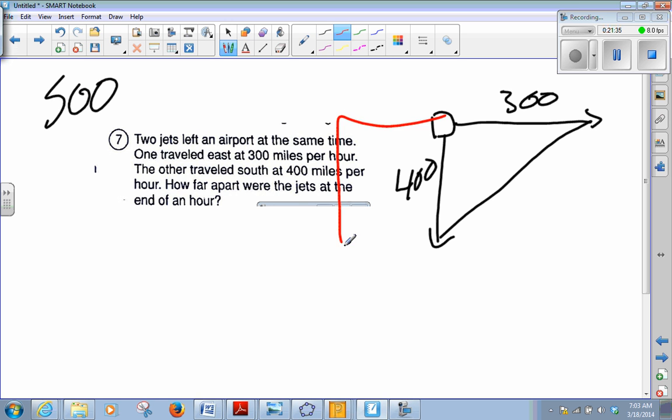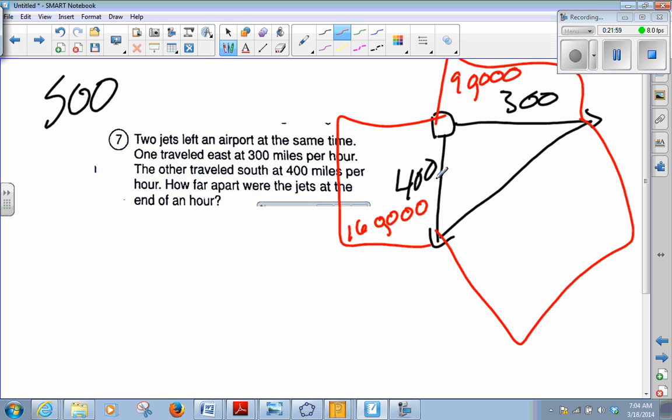So we've basically just got two legs of a right triangle. So 400 squared is going to be 160,000. Because you do the 4 times 4 to get 16, and then you've got 4 zeros. 300 times 300 is 90,000.